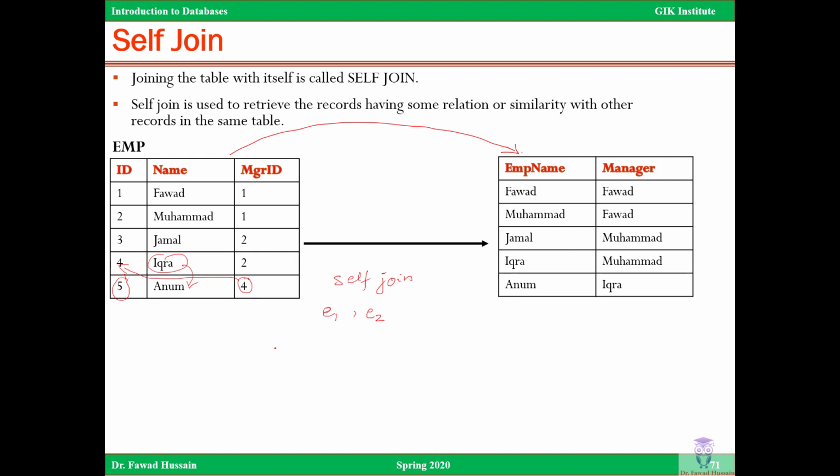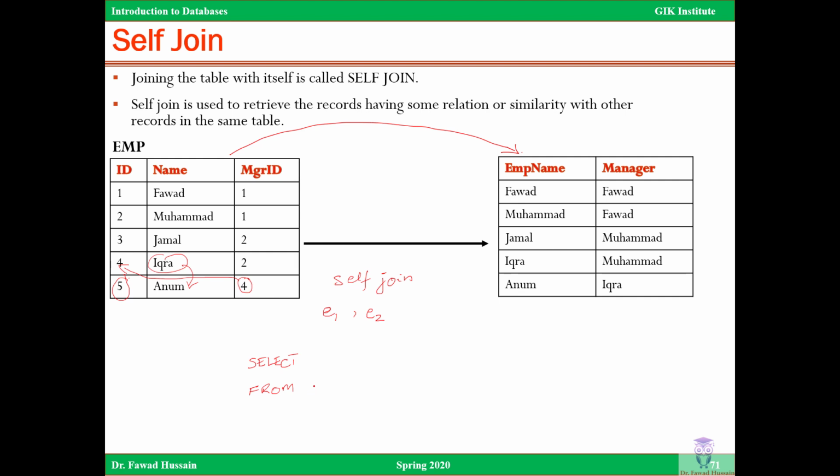So let's go ahead and write the query including the join that will refer to this table and find the name of the managers. So first what I need to do is write my select command and from.